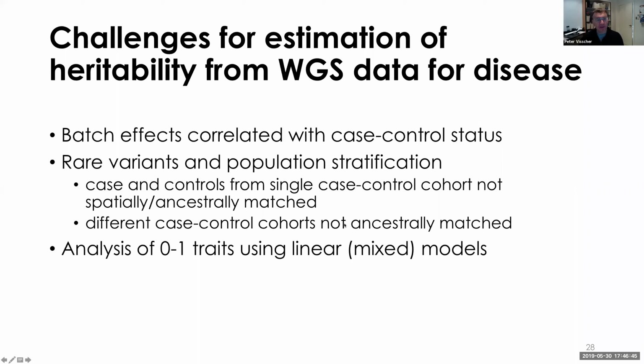And I think that would be hard to deal with. We have not tried to do this with disease data as yet. And I think there are also some issues when we go to the analysis of 0-1 data using a linear model, as we've done in the past, in particular for rare variants. So there is more work to be done there.